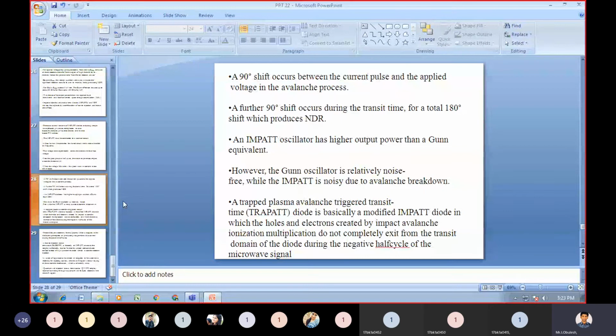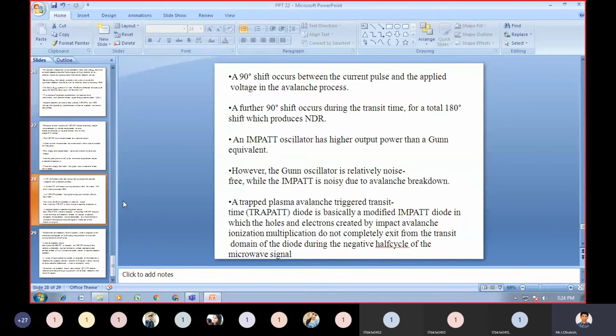You need to remember, this will produce NDR. The impact oscillator has higher output power than a Gunn equivalent. However, the Gunn oscillator is relatively noise free, while the impact is noisy due to avalanche breakdown.